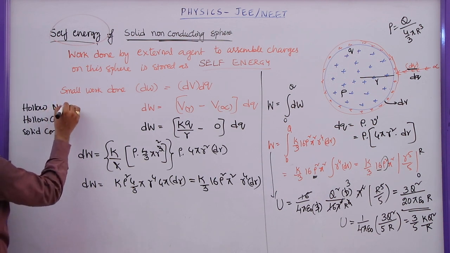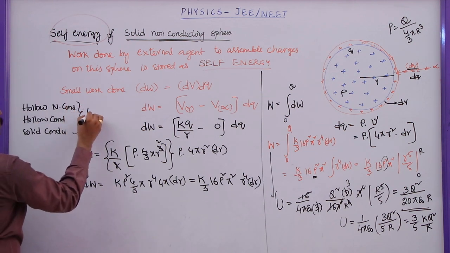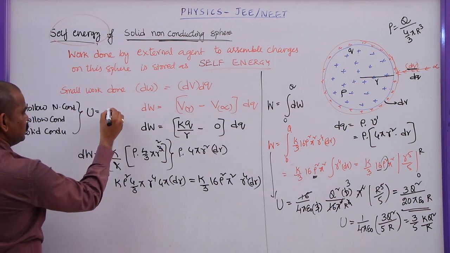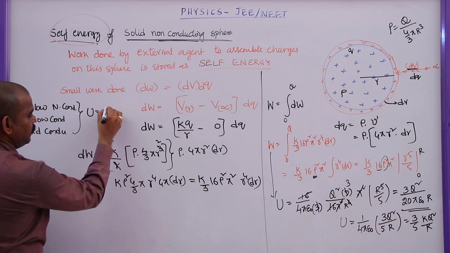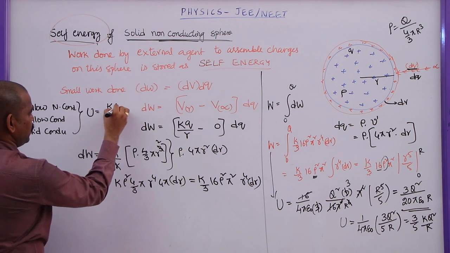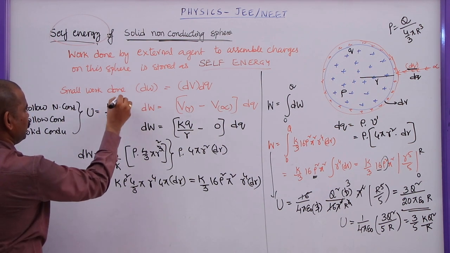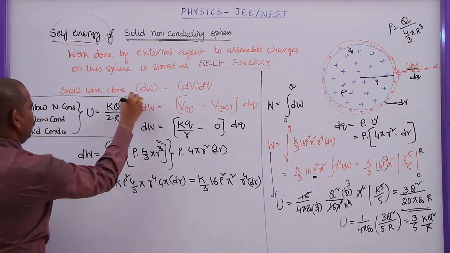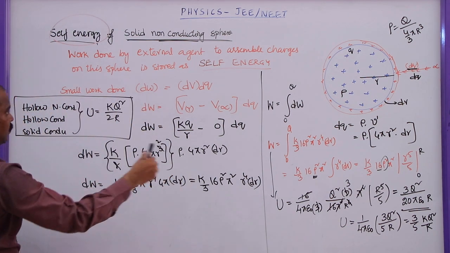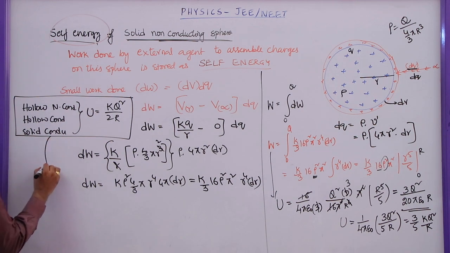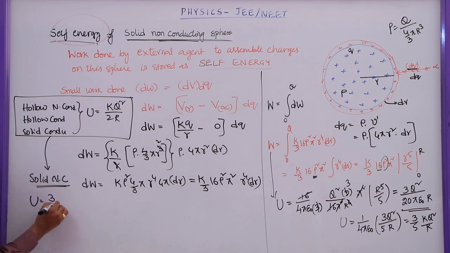for hollow conducting, hollow non-conducting, the self energy is given by, as we got previously, 0.5 k q square by r, that is k q square by 2r. But for a solid non-conducting sphere, the expression is 3 by 5 k q square by r.